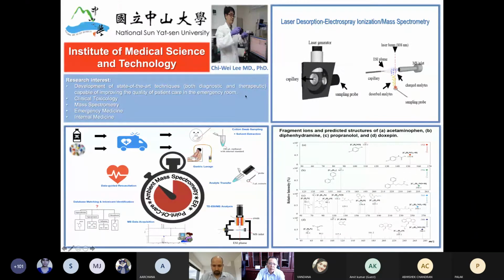And Professor Li Qiwei, Professor Li, actually he is also a medical doctor, but he is already a full-time professor. Okay, right now his research is focused on clinical toxicology based on the mass spectrometer.